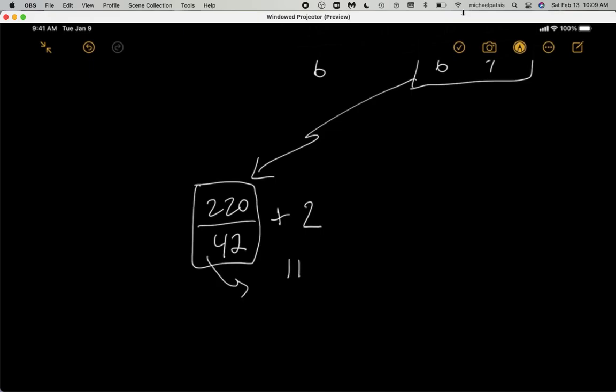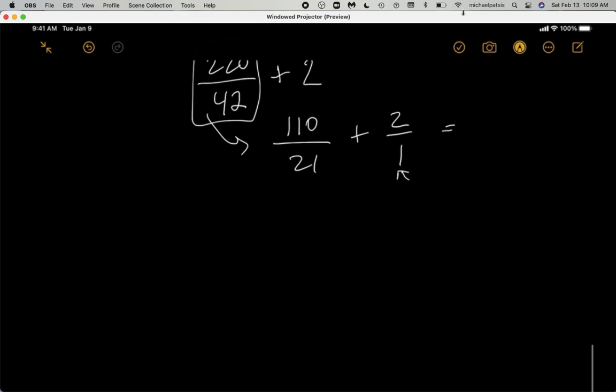So can we reduce this before we do any addition? Yes, this is the same thing as 110 over 21 plus 2 over 1. Okay, same scenario. How do you get this denominator so that we can add them? Answer, we multiply by 1. Always legal. Any day of the week and twice on Sunday, you can come along and multiply that by 1. But in that format, it doesn't help us. In this format, it helps us.